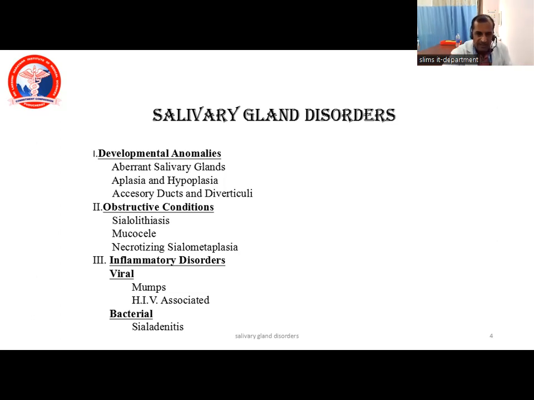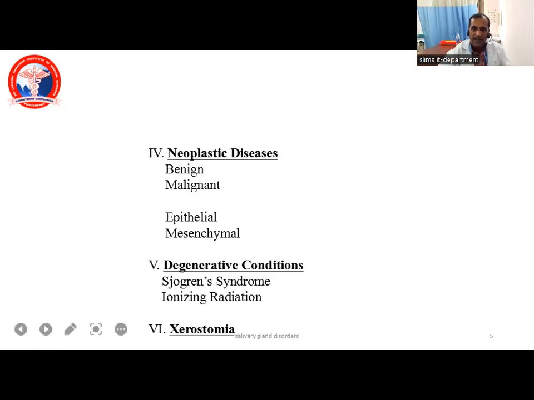Okay, these things you should keep in mind. And the neoplastic diseases can be benign or malignant, can be in the epithelial of your salivary gland, or it can be in the mesenchymal of your gland. Okay, neoplasm can be a benign lesion or a malignant lesion of your salivary gland.